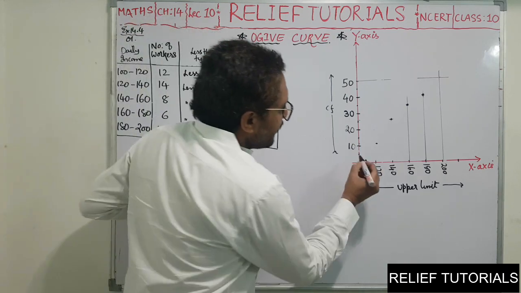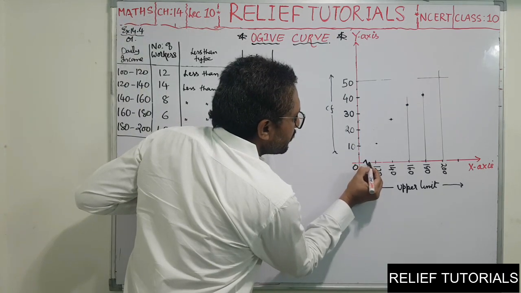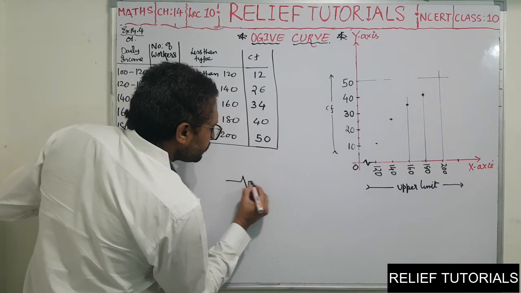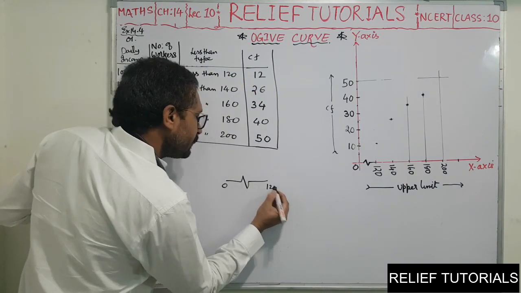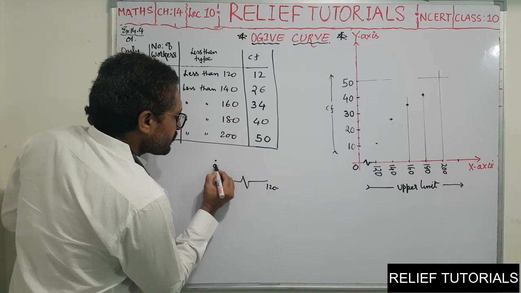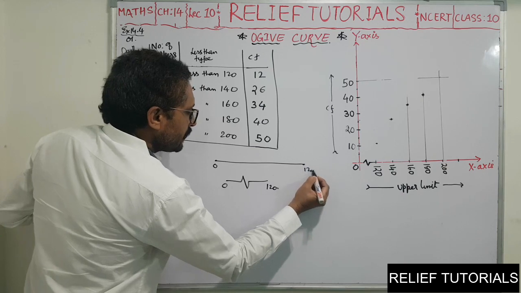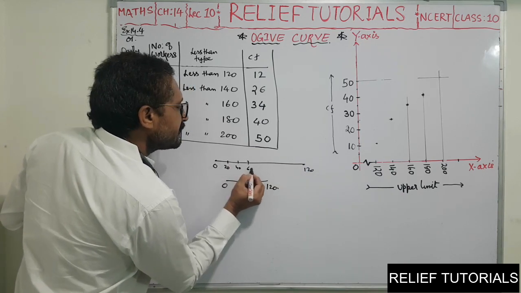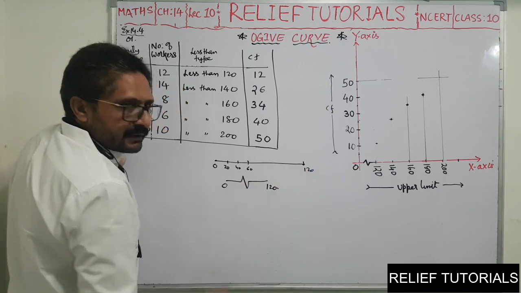So here I have given this symbol. What does it mean? It means a continuous graph. From 0 to 120, here you will have 20, 40, 60, so up to 120.